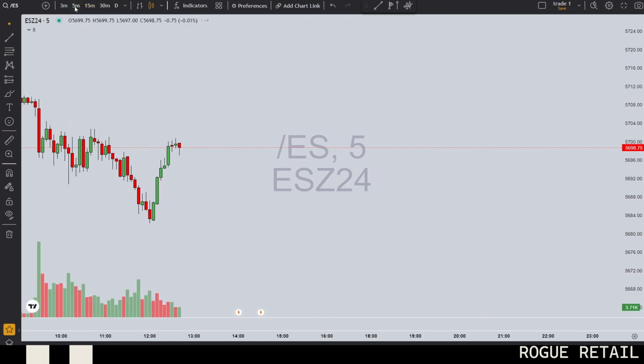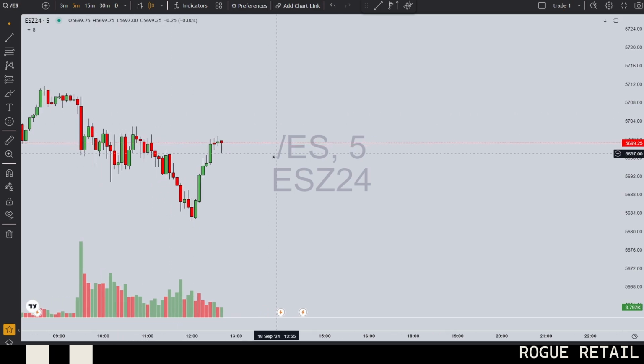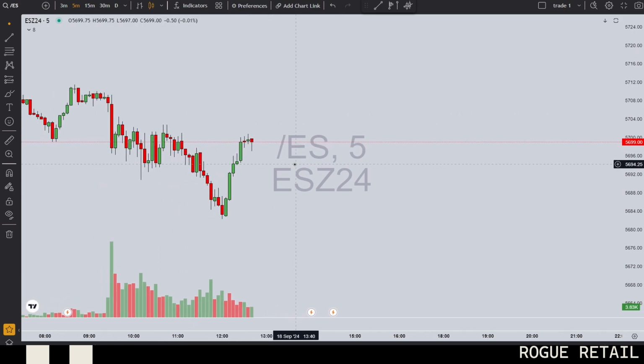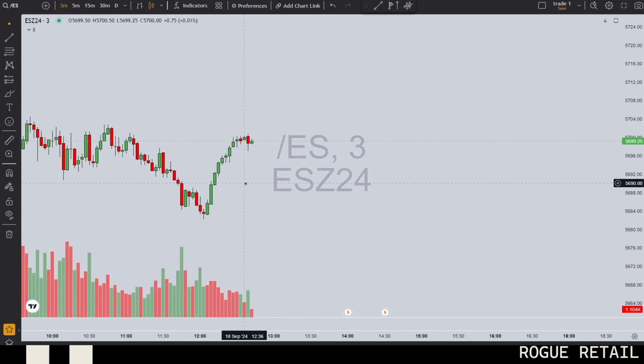If you want to go lower than that, you can go inside your 5-minute candlestick tick. And so essentially what this is saying is this next candle is also set to close at 12:45, but the next candle will open at 12:45 and close at 12:50. And then the lowest that I particularly utilize is the 3-minute, and so this will be closing every 3 minutes.